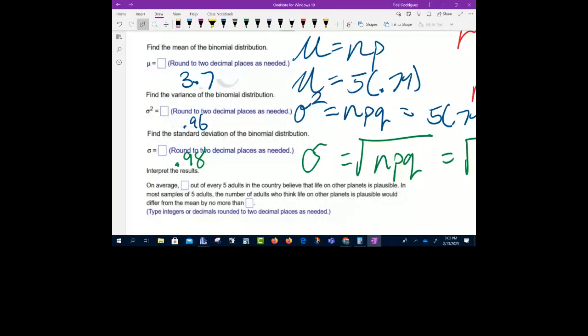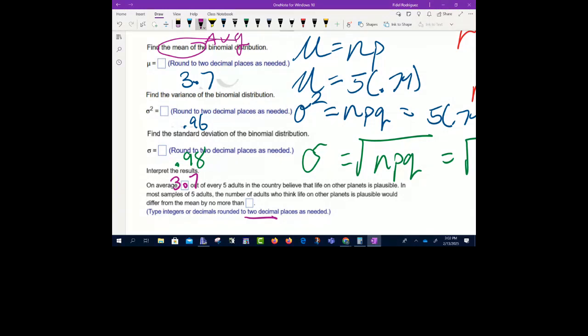Okay, so now let's see if we can figure out what they're asking me to do here. Remember, the mean is the same thing as my average. So on average, we're going to say 3.7 out of every 5 adults think that life happens in other places.